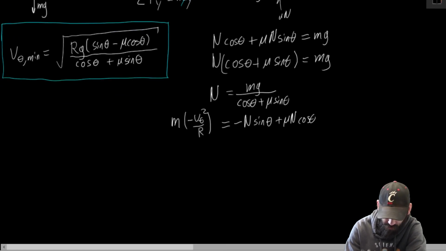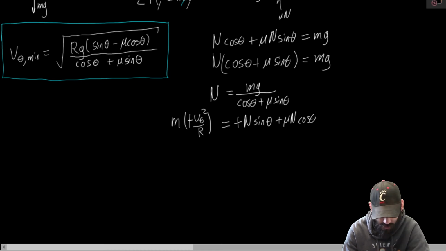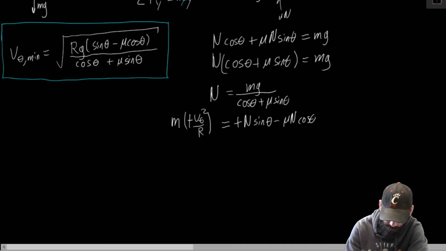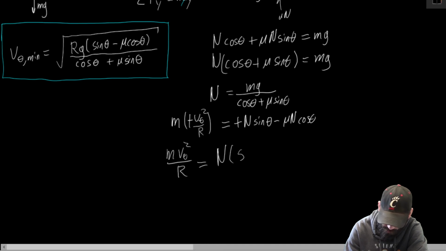Factor things out. Let's flip the signs because this is going to be then plus, plus, and then this one is going to become a minus. We can factor out our n, so we're going to have m v theta squared over r is going to be equal to n times sine of theta minus mu cos theta.